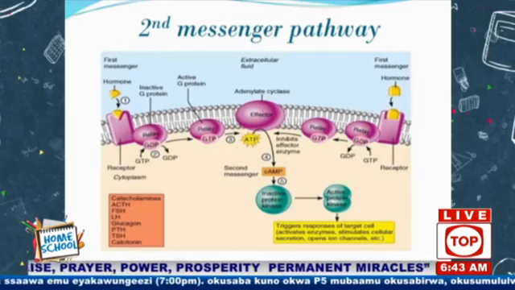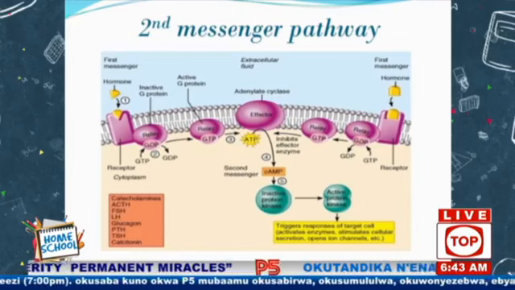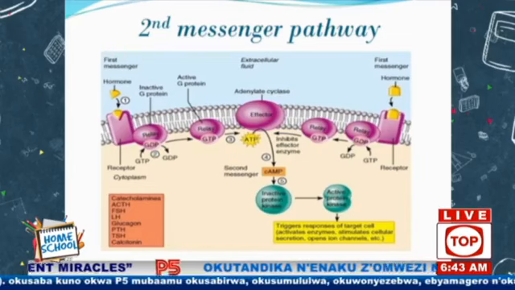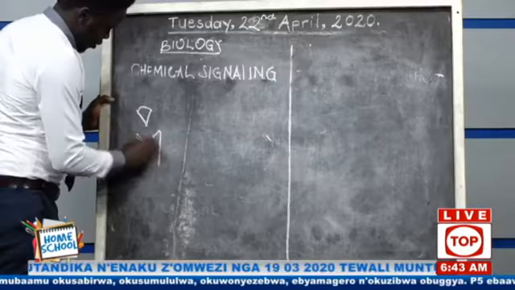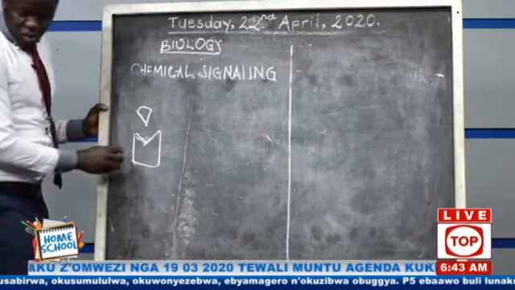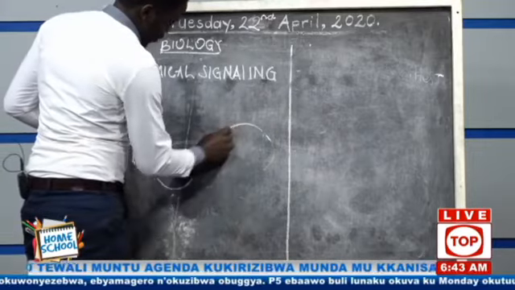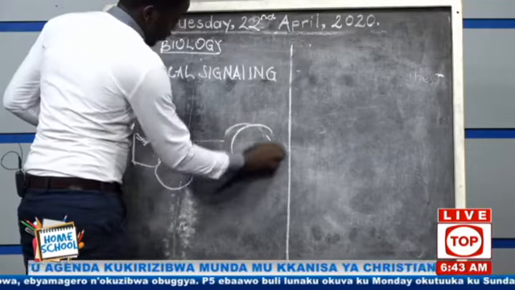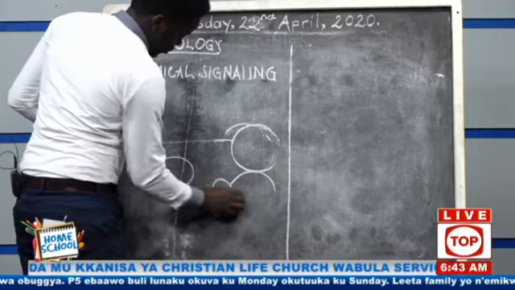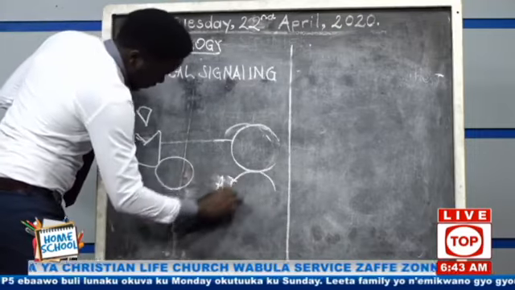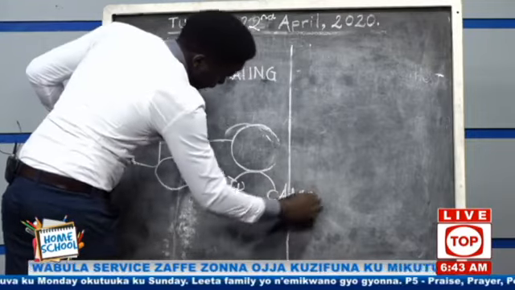We had the first messenger as the hormone. Let me try and illustrate that here. Okay, this was attached to this. We have here another effector, converted to cAMP.